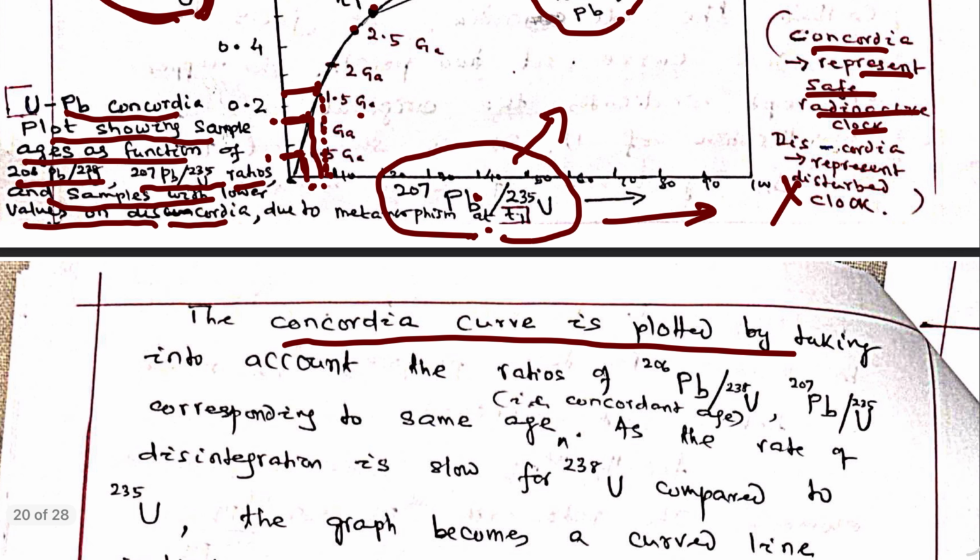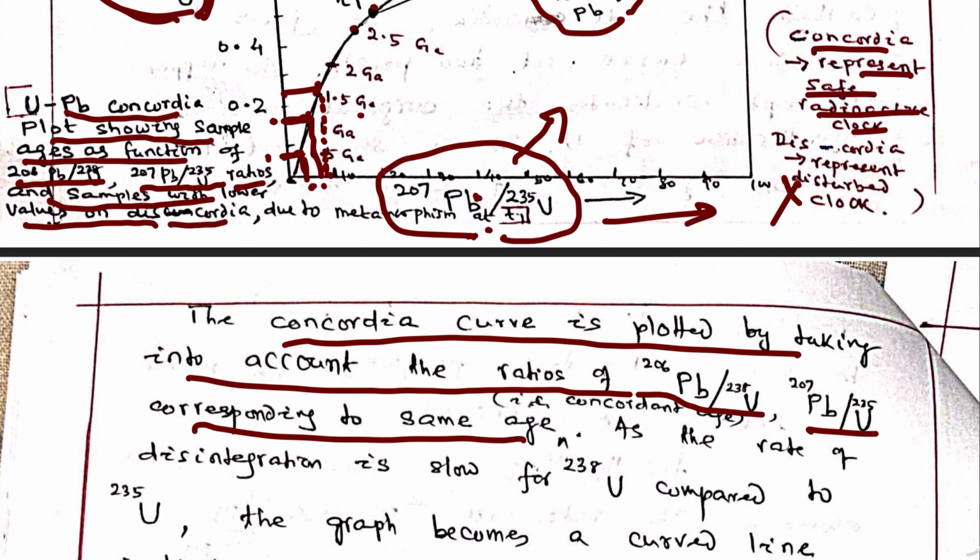So the Concordia curve is plotted by taking into account the Pb206 by uranium-238 ratios and Pb207 by uranium-235 ratios corresponding to the same age, that is, concordant age.